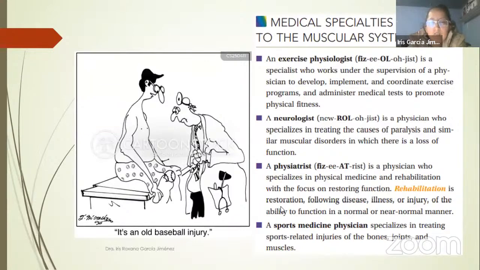Rehabilitation is restoring, following disease, illness, or injury, the ability to function in a normal or near normal manner. Very important, right? And the sports medicine physician specializes in treating sports-related injuries of the bones, joints, and muscles.